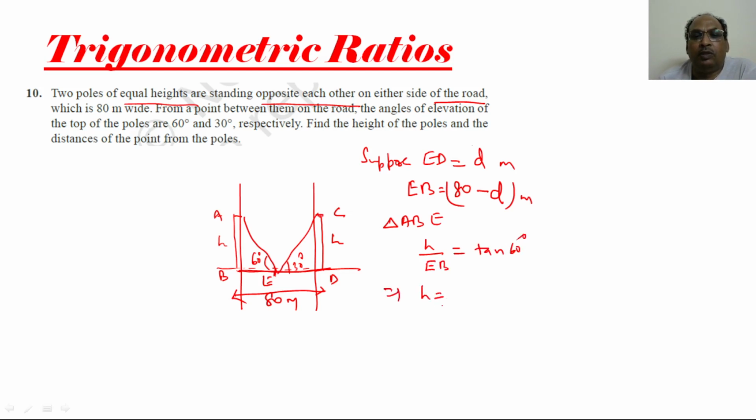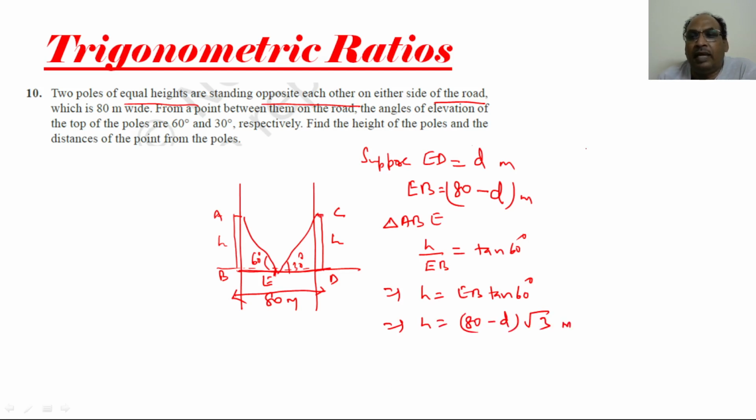So h is equal to EB tan 60 degree. H is equal to EB, which is 80 minus D, tan 60 degree is root 3, so meter.